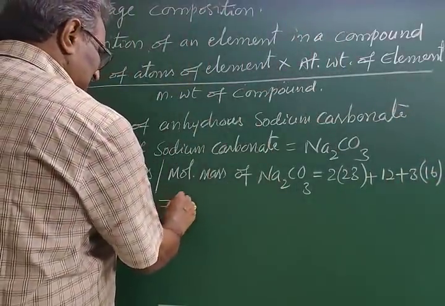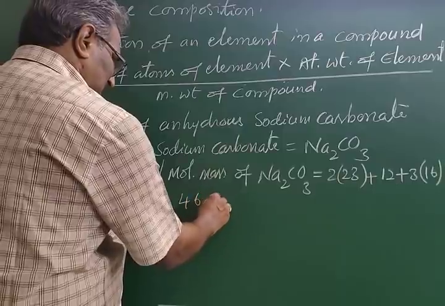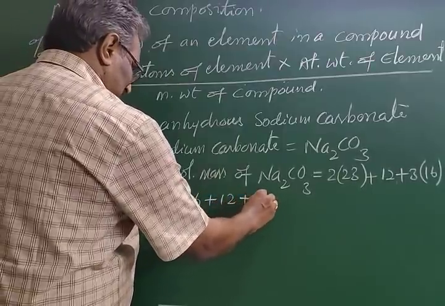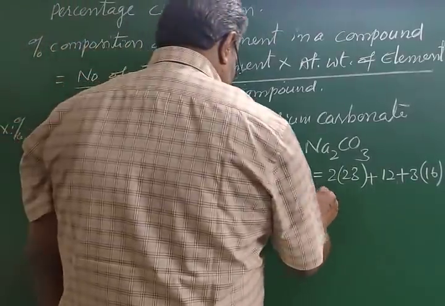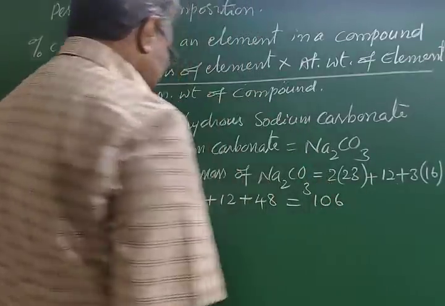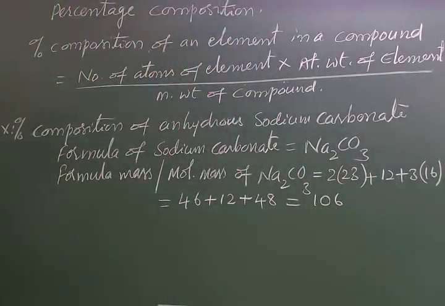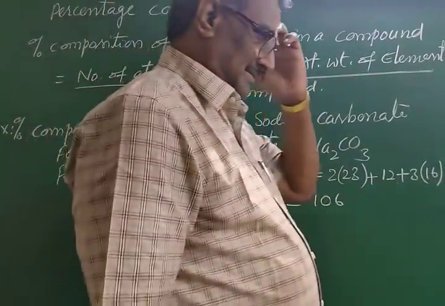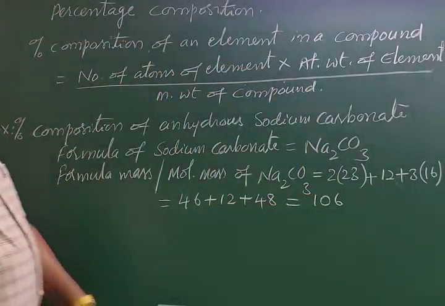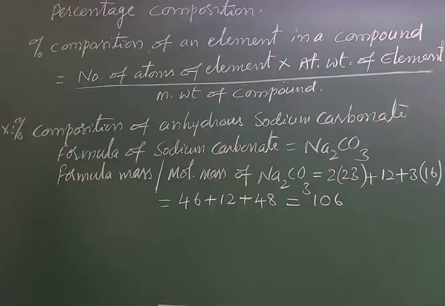That is equal to 46 plus 12 plus 48, that is 106. Now let us see the percentage of various elements present in sodium carbonate. What are the elements present in sodium carbonate? Sodium, carbon and oxygen.